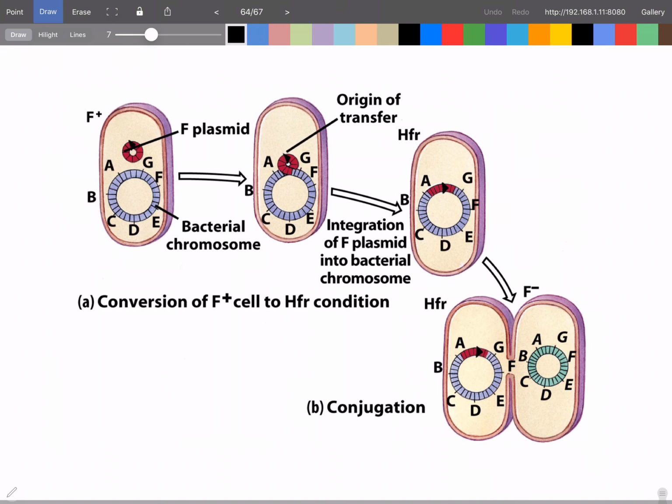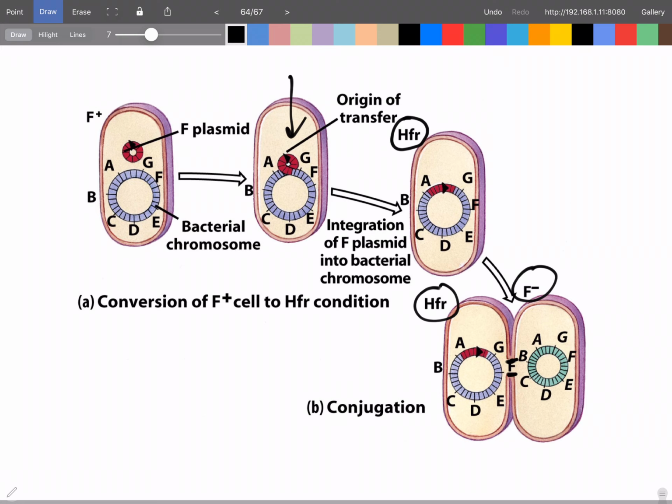Well, like I said, on a rare occasion, these F plasmids get integrated into their host chromosome, as we see here, and become part of it. And when they do, they're no longer F plasmids, but they're called HFR, or high frequency of recombination strains. And when conjugation occurs and HFR meets up with an F minus cell, the genes are still there to form the sex pilus.